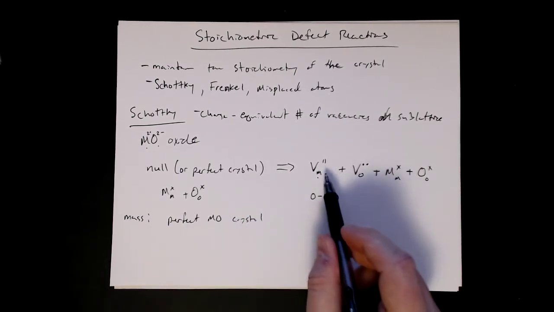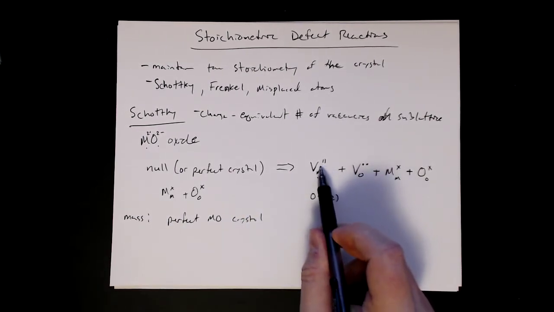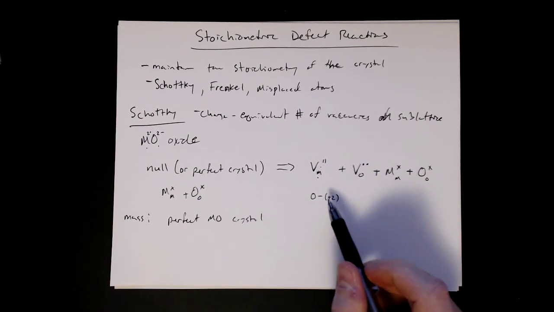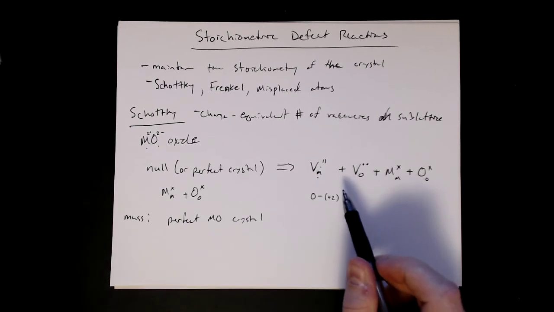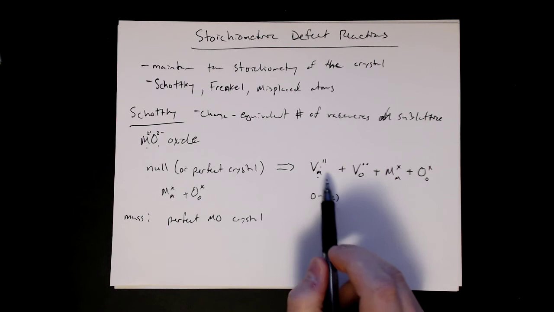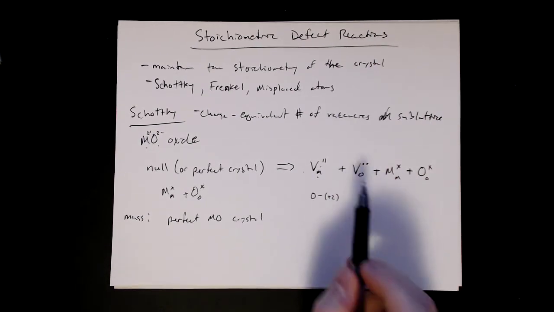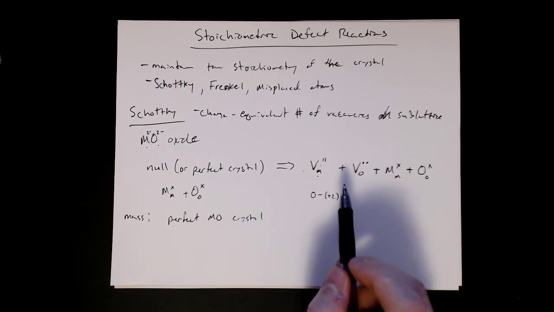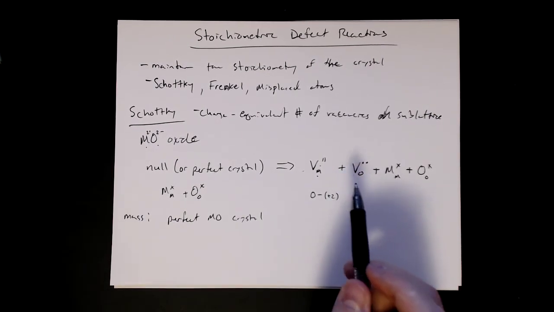Charge-wise, we've already balanced the charge, right? So minus 2, plus 2, these are no charge. So we've got that balanced, but you want to check that each time. And if it's not balanced, then you obviously would have to either reconsider the reaction or balance the coefficients out front. So here it's 1 and 1, but for something else it could be different. So we've already balanced that.